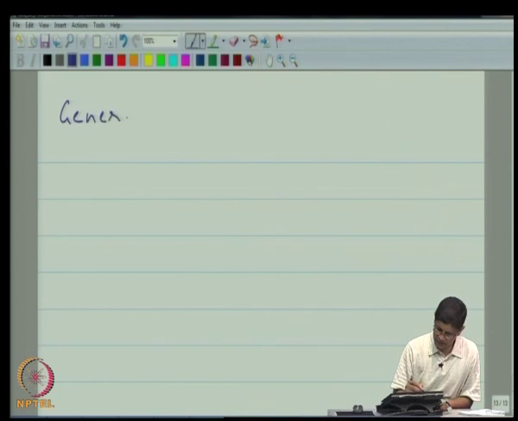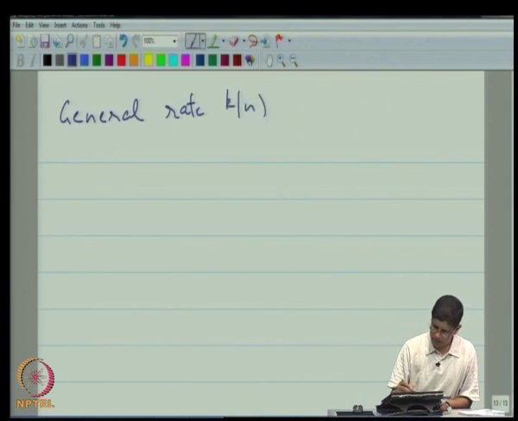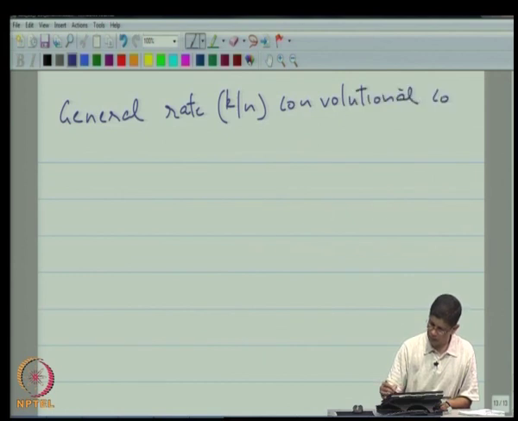A general rate k by n convolutional code.